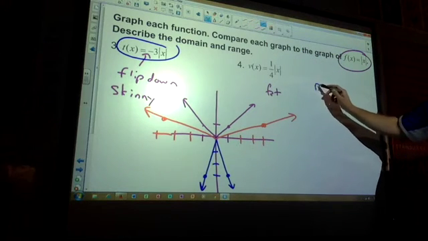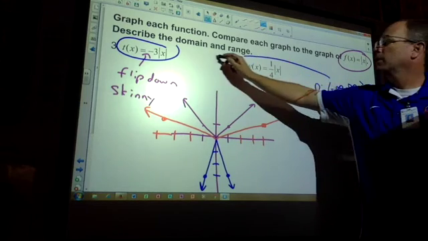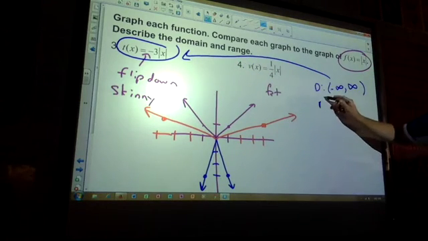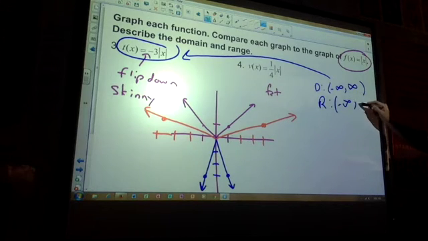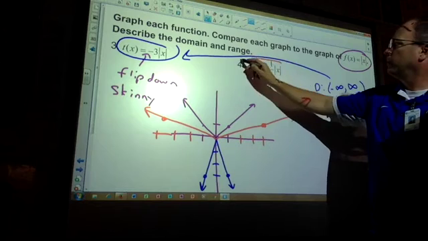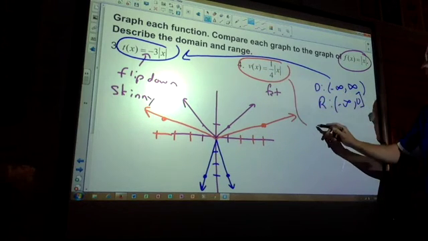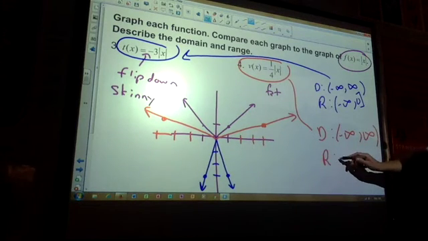Domain of blue: negative to positive infinity. Range: from negative infinity to 0. Red. Domain: negative to positive infinity. Range: 0 to infinity because it's going upward.